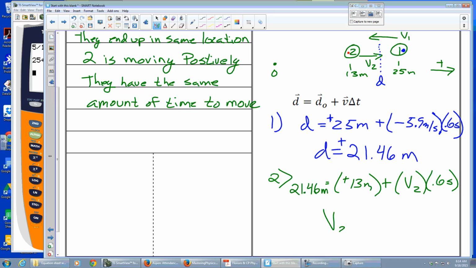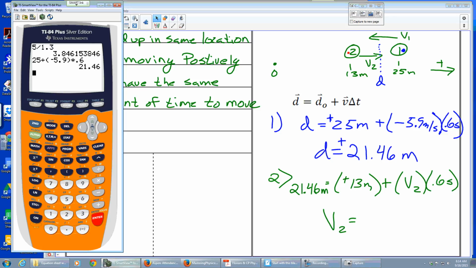So I rearrange all that. Probably should have checked that answer. I'm pretty confident though. I'll check it all afterwards. Let's see. So I would do 21.46 minus 13, enter, and then divide that by 0.6.